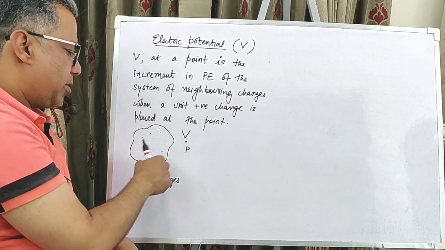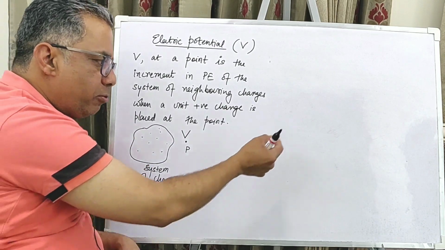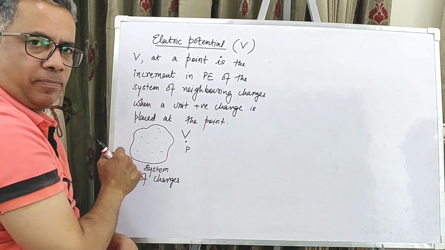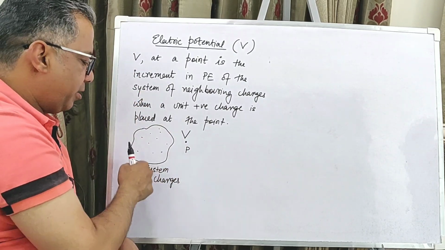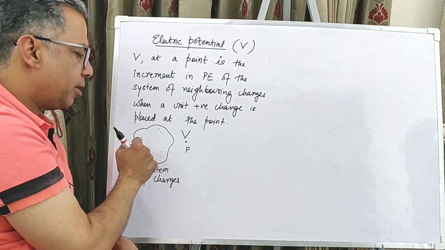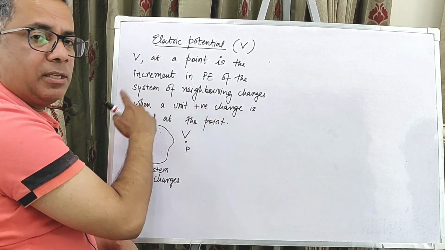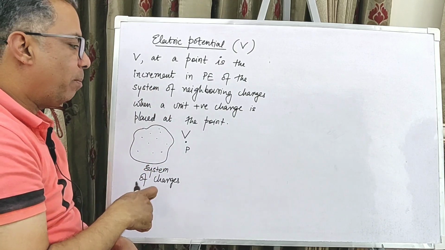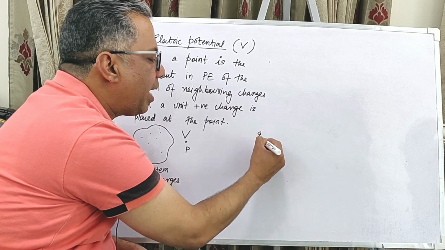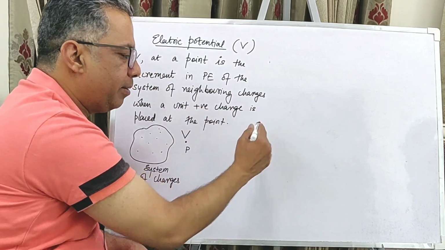If potential at this point due to this system of charges is V, and we go to infinity, pick up a unit charge and bring it to this point, then the potential energy of the system of charges, which now includes that 1 coulomb charge, increases by V. In other words, if we have a charge Q here at infinity, of course zero potential energy is associated with its presence here.